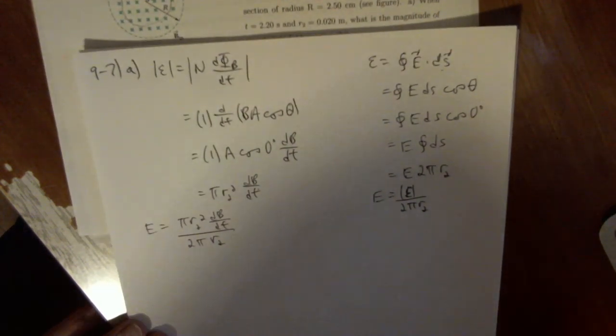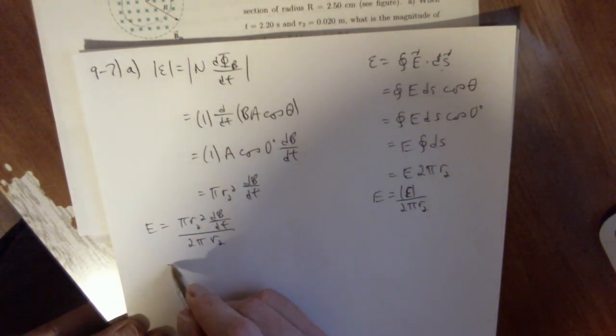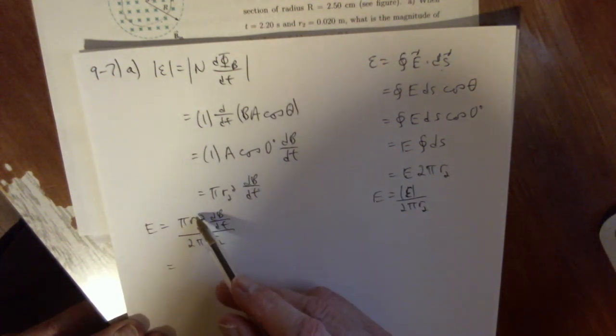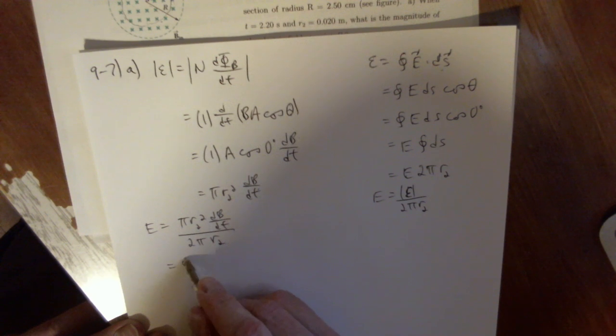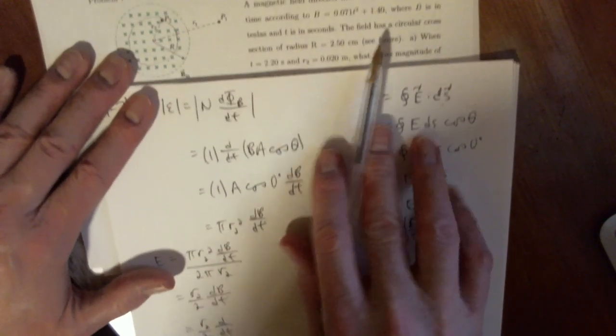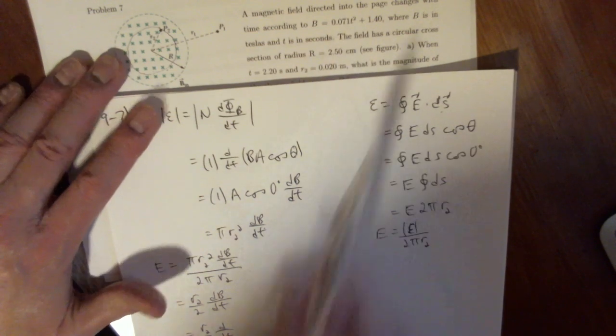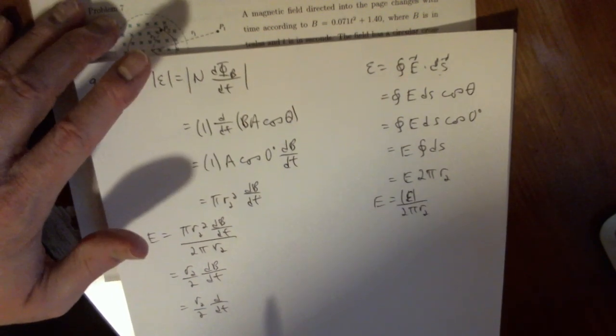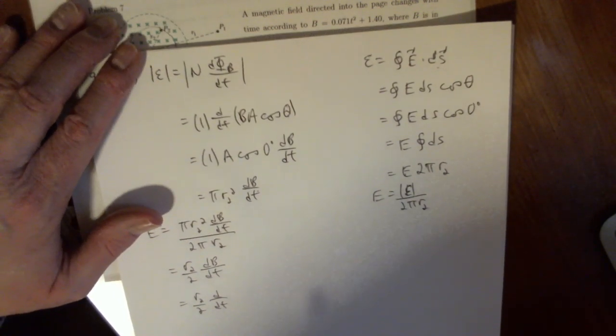And so I wind up with, my pi's are going to cancel, one factor of r2 cancels, so I get r2 over 2 dB dt. So r2 over 2 d/dt of B, which I have up here, is 0.071 t squared plus 1.4.